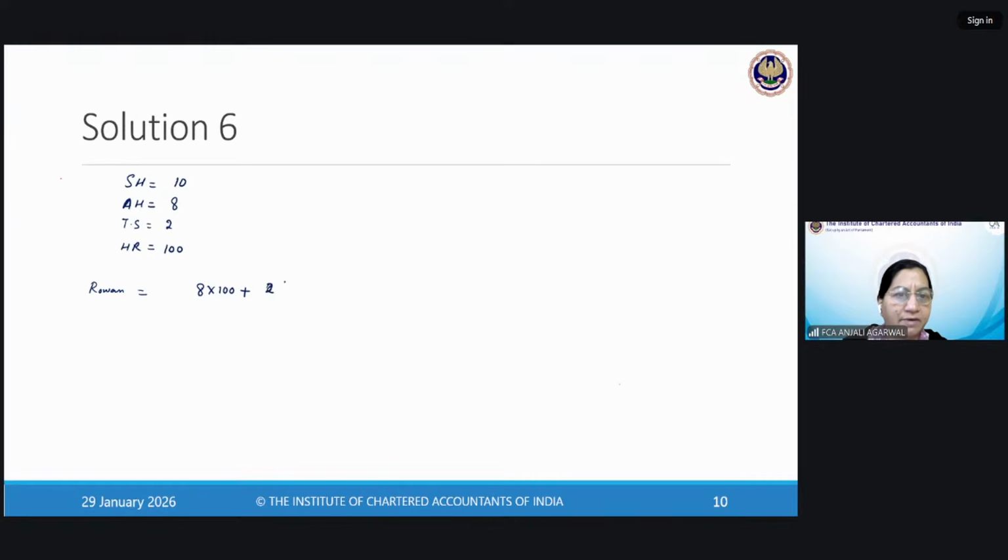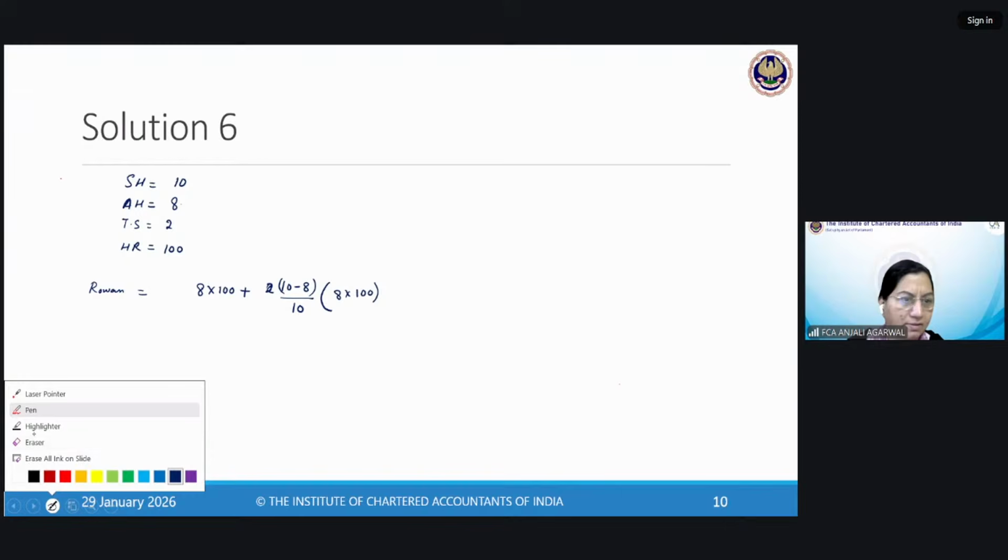Instead of time saved, I can write 10 minus 8 upon standard time 10, multiplied by actual hours into hourly rate. So this would have been the total wages.